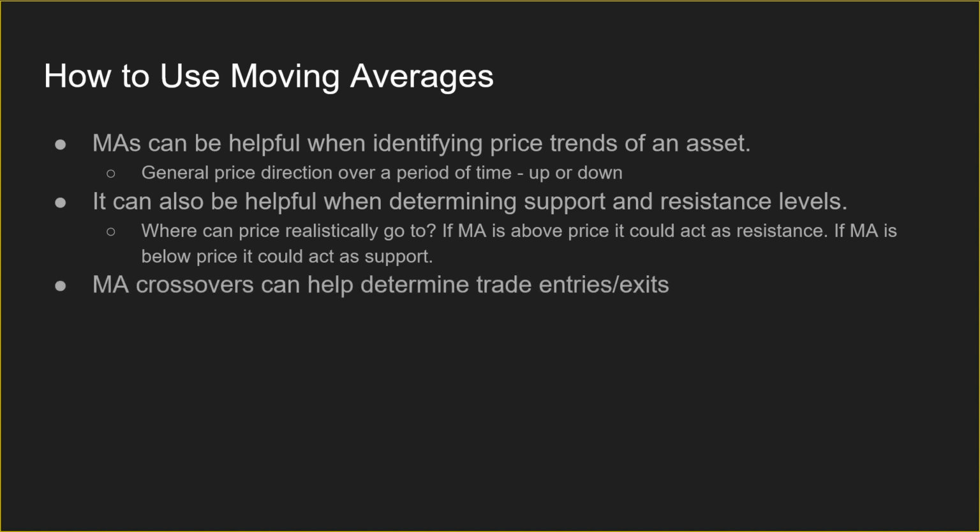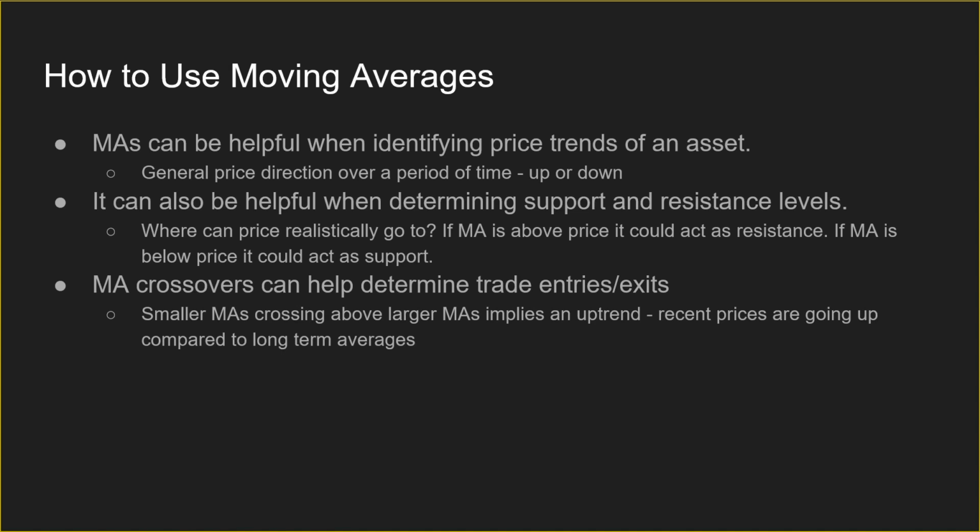Finally, we can also look towards moving average crossovers. These are useful. We'll take a look at a couple different examples of these. These can be helpful in determining trade entries, exits, and overall trend reversals or the shaping of a certain trend, whether that's an uptrend or a downtrend.